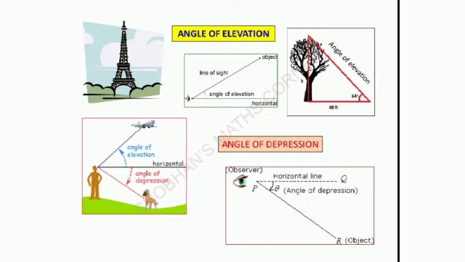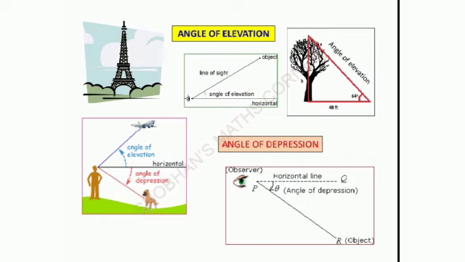Now you can see one more figure down there, a man who is observing an aeroplane going in the sky. Now you can see the dog, which is below, at a lower height. If you look above your eyesight level, that is called angle of elevation. If you look down, that is called angle of depression.